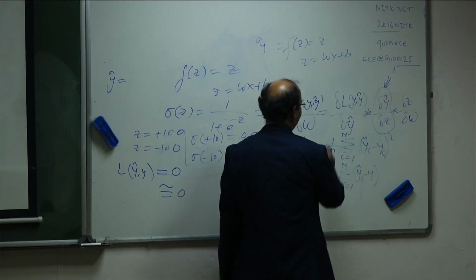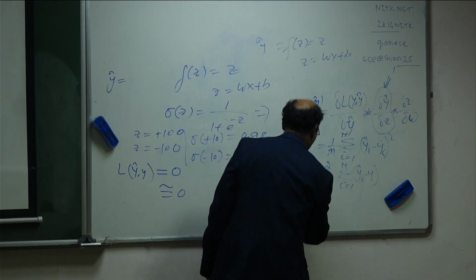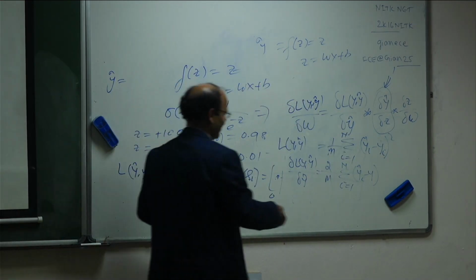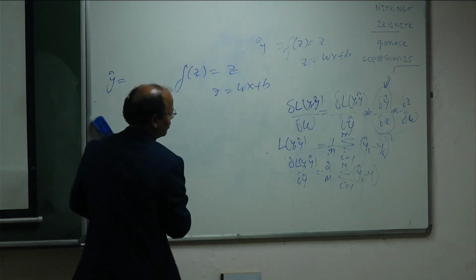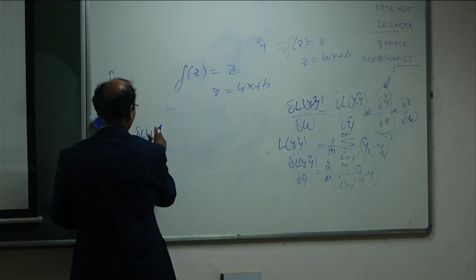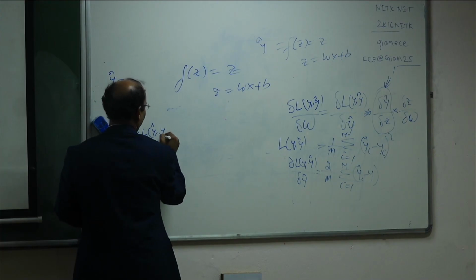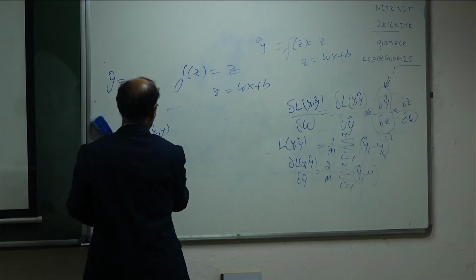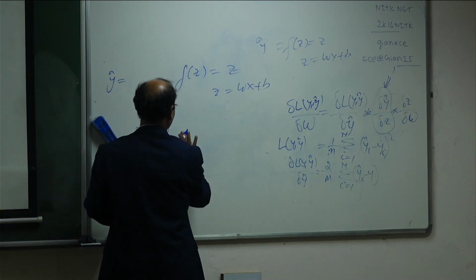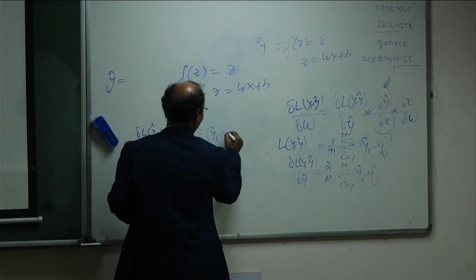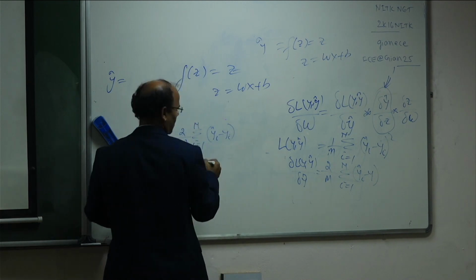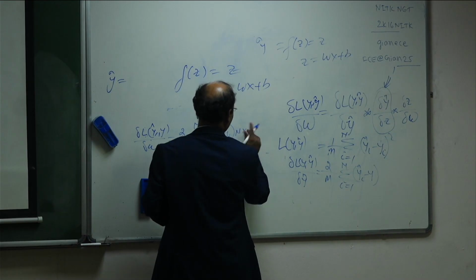So what formula will come finally if you want to compute it? Del loss(y hat, y) by del w equals 2 by m, sum of i equals 1 to n, (yi hat minus yi), into 1, into x, in vector form.